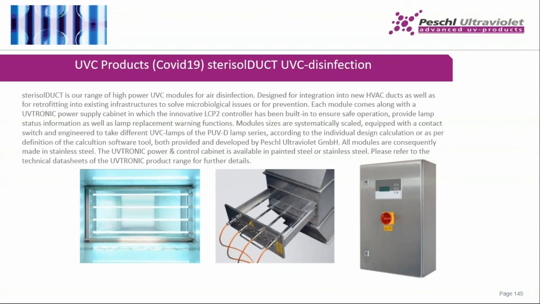Therefore, we can produce modules and really big plants for RLT systems to integrate UV lamps in the big air duct systems. That makes sure that really clean air comes inside big buildings. Also production rooms, but let me make a short part on COVID-19, because there's something I really want to explain.